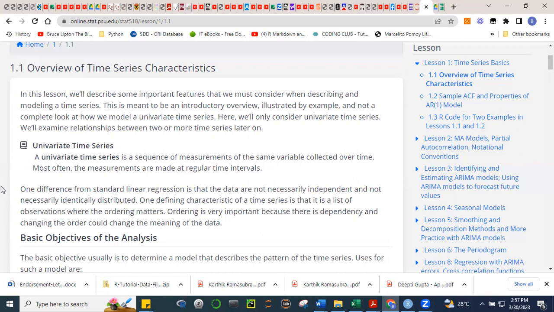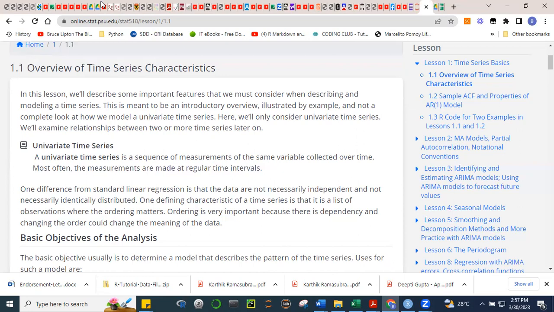So what's the objective of a time series analysis? To distinguish it first, what's the difference between a cross-sectional data and a time series data? A cross-sectional data is a snapshot of your data at one point in time.